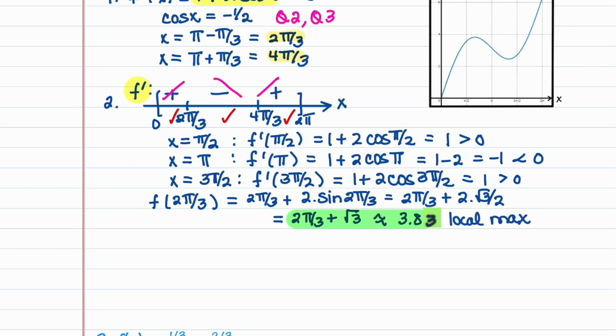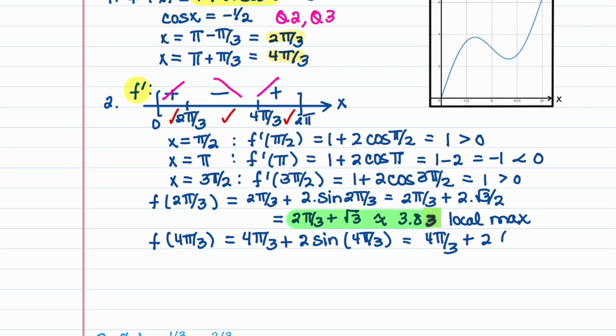Now let's find our local minimum value. That is going to be when x is 4 pi over 3. And this is going to be really similar to 2 pi over 3. We just have 4 pi over 3 plus 2 times sine 4 pi over 3. This is 4 pi over 3 plus 2. And now sine in the third quadrant is negative, so we're going to have a minus root 3 over 2.